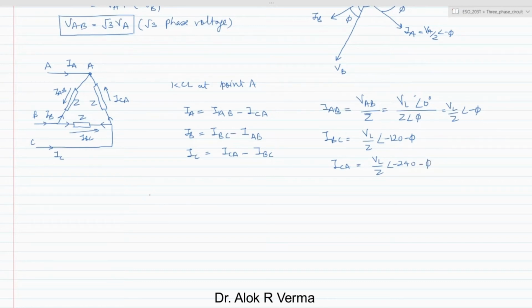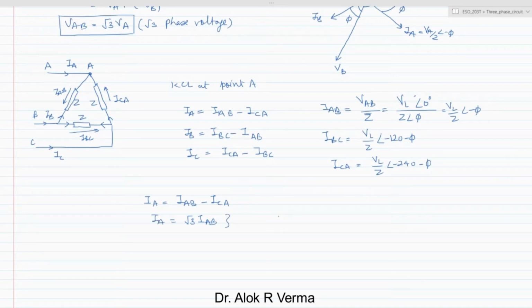Similarly, if you want to calculate the line current IL or IA, which is IAB minus ICA, and apply the values from here, that will come out to be root 3 times the phase current, magnitude wise.